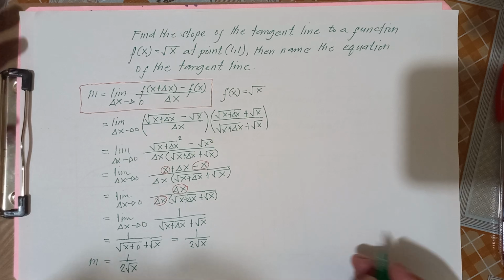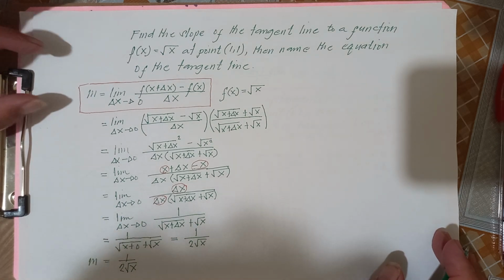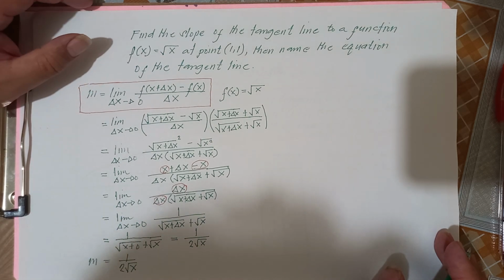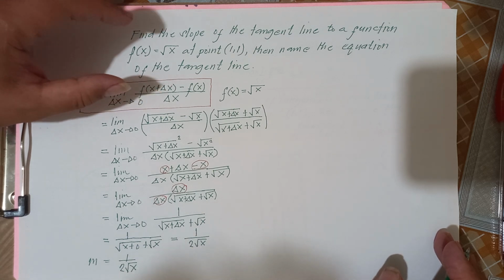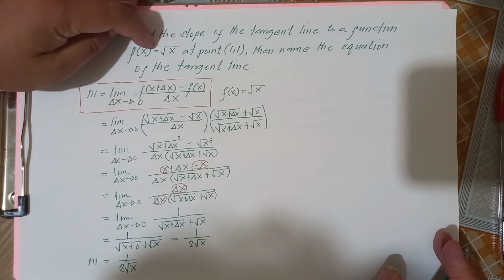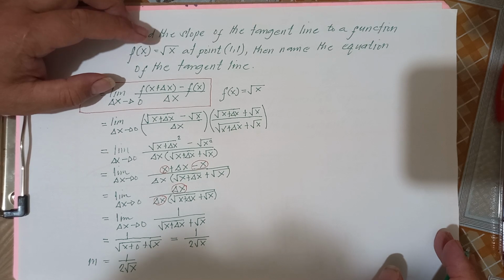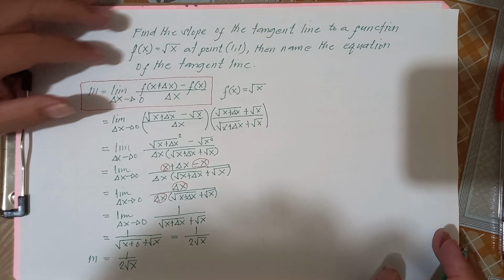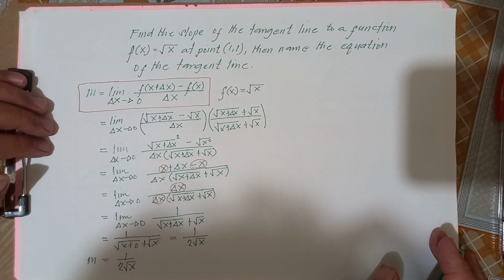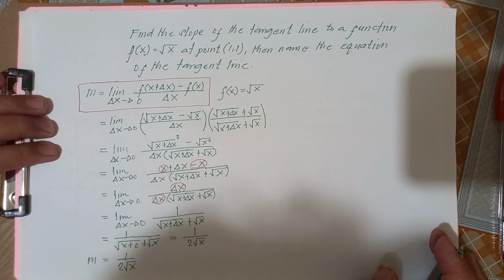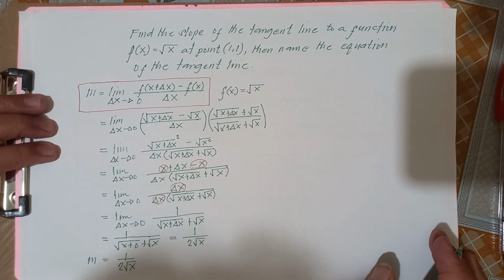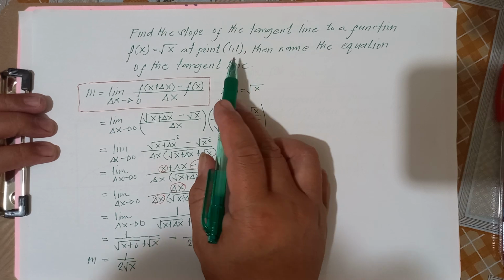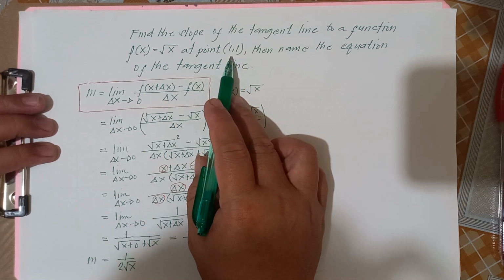So that is the slope of the given function in here. Okay, f of x is equal to x raised to 2. But it says in here, what is the slope of the tangent line when we consider the point of tangency?